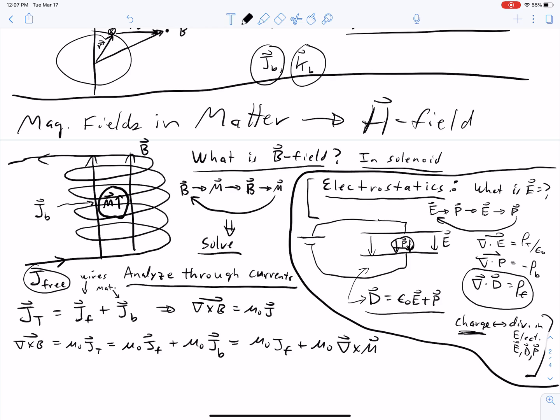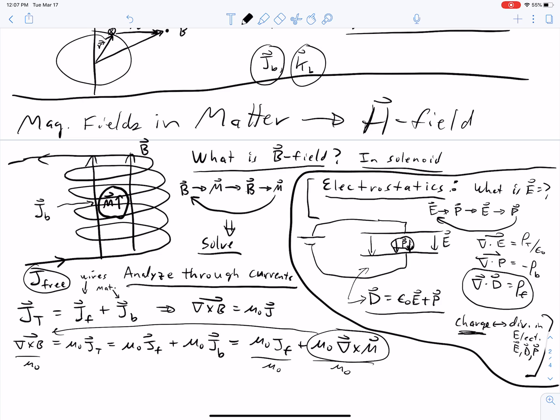So what I can do then is take this and bring it all the way back. First I'll divide everything by mu naught, and then I'll bring this one back.